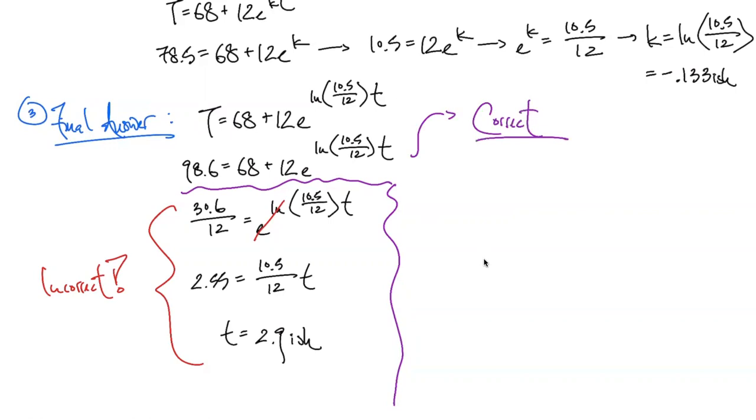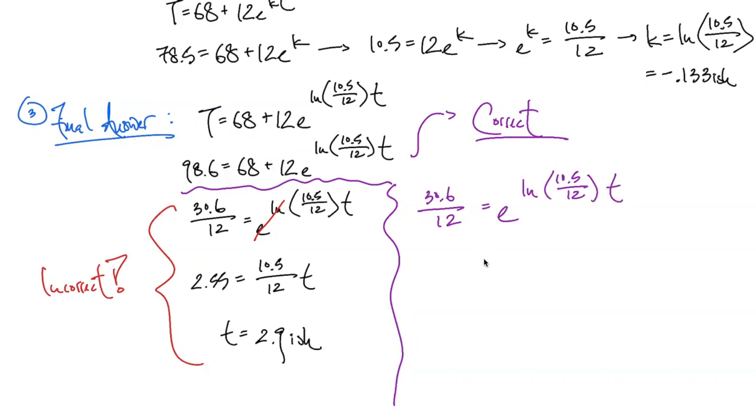All right. So what was fine is I took this 68 and I subtracted it to the other side, and then I divided both sides by 12. That part is correct. And so I can still write 30.6 over 12 equals e to the natural log of 10.5 over 12 t.